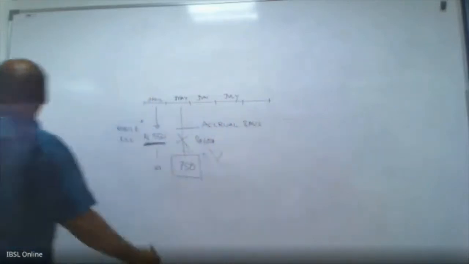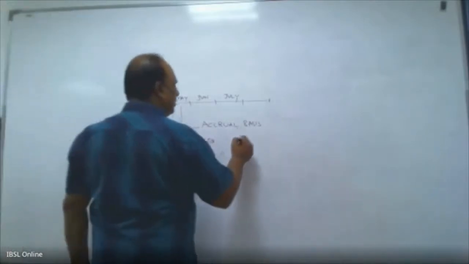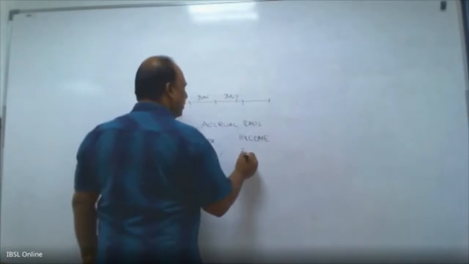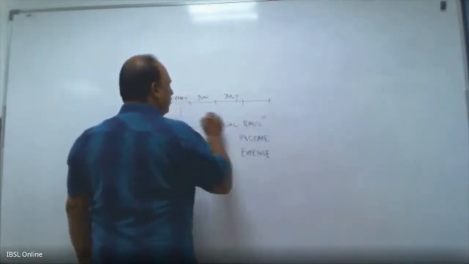So we make use of this accrual basis when we prepare, and when we go on further, you will see this accrual basis is used to make provisions. We introduce a term called provisions. We make income provisions and expense provisions in terms of accrual basis.